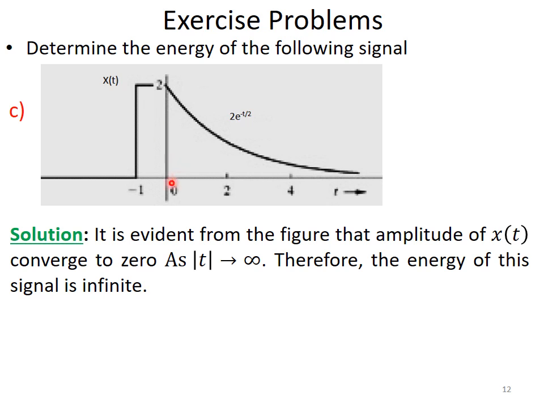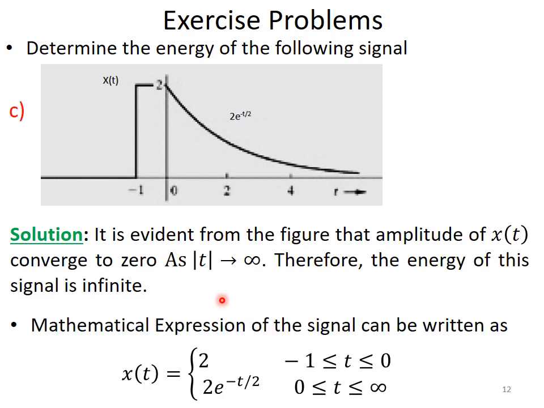Between minus 1 and 0, the signal is simply 2, and between 0 and infinity, it is 2 e power minus t upon 2. So mathematically, we can write the expression of the signal as x of t equal to 2 when time is between minus 1 and 0, and equal to 2 e power minus t upon 2 when time is between 0 and infinity.